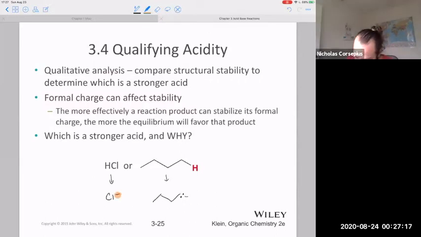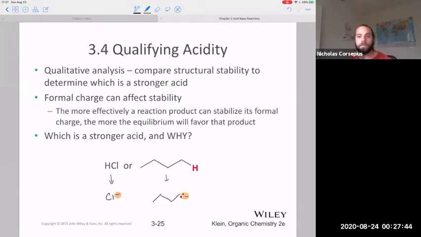More importantly, which one is more stable at holding that negative charge? Okay, chloride ion is way more stable than a carbanion, right? Chlorine is pretty cool with having a negative charge, a formal charge of -1, whereas carbon really doesn't want a formal charge.